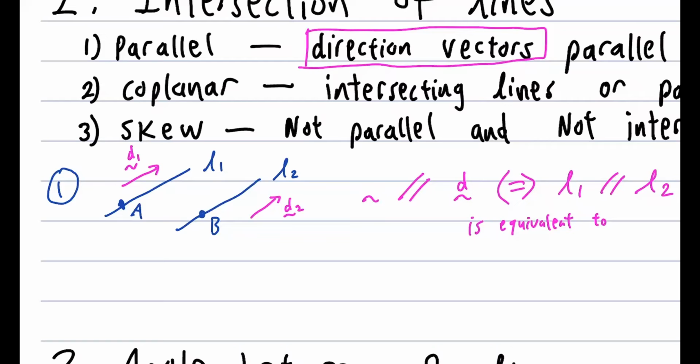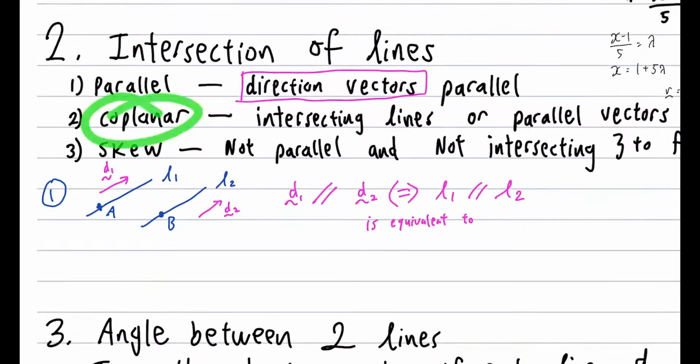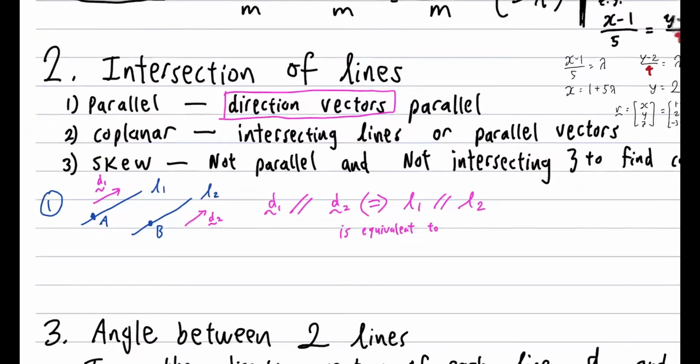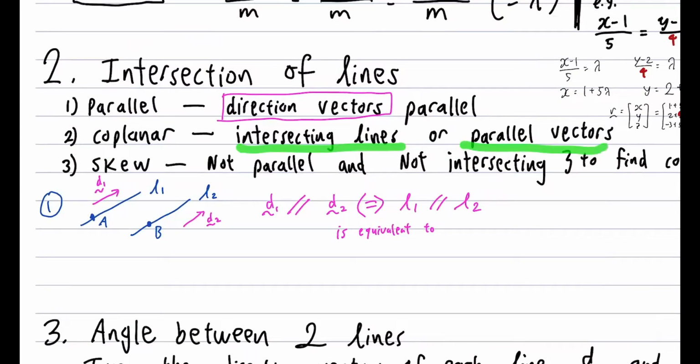Okay, good. So that is the parallel lines. Then the next one, coplanar. Coplanar means they are intersecting lines or parallel lines, and they both sit on the same plane. The main point is that they intersect or they are parallel. So for example, you have a plane like this.